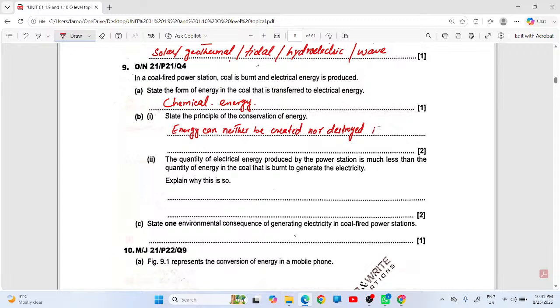It can be transformed from one form to another, but total energy remains conserved.